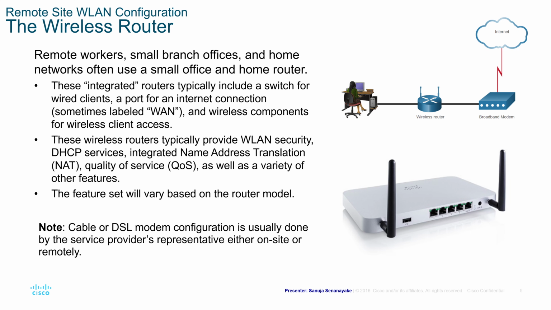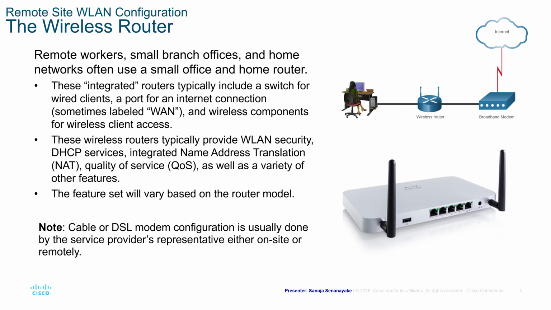So if you get a small home router or office router, they probably have all of these integrated functions built into it. It is acting not only as a router, but it also acts as a wireless switch. It also provides the connectivity to the outside, and sometimes these routers are integrated into your broadband modem. So you could have a router modem combination at your office or home as well.